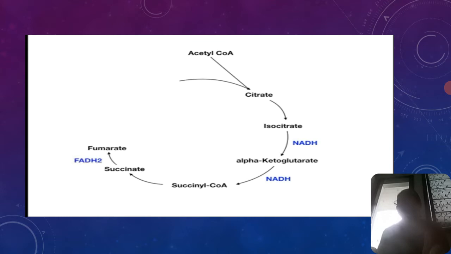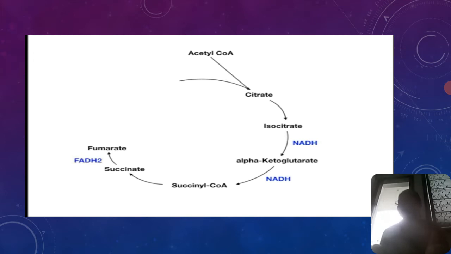Here a molecule of guanosine diphosphate, GDP, reacts with inorganic phosphate to form guanosine triphosphate. That means GDP is converted into GTP. The GTP reacts with ADP to form ATP, and GDP is recovered.